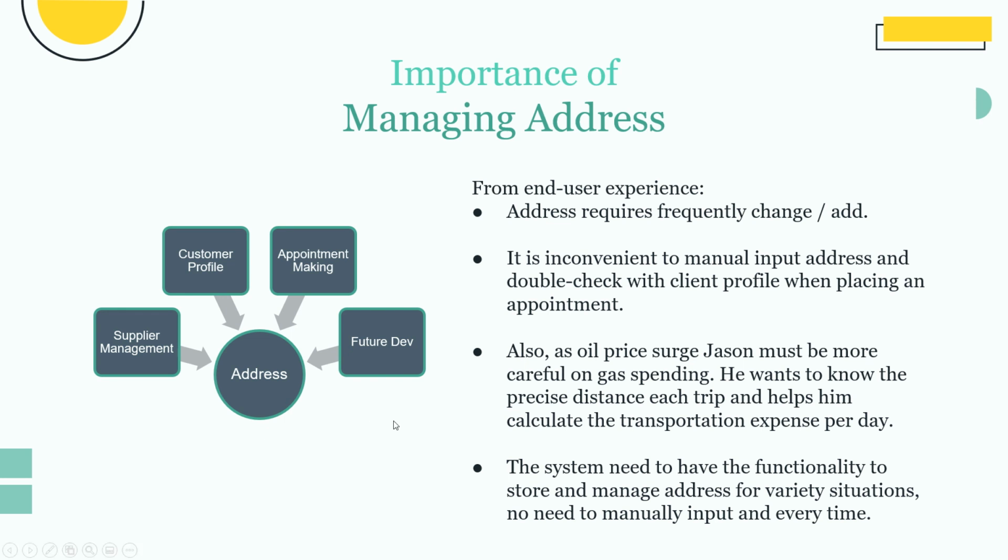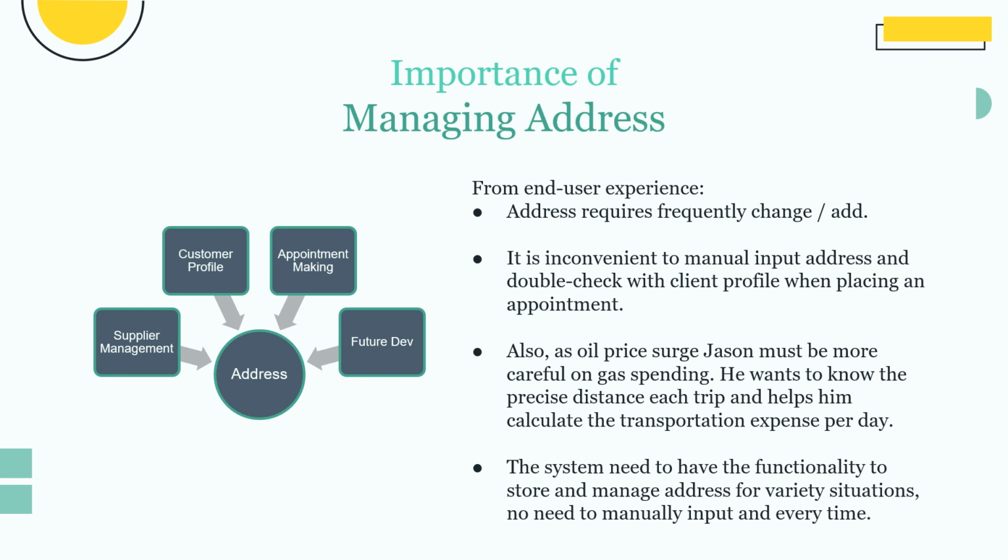Also, in future development, address management is very important, because since the oil price is surging, Jason must be very careful about gas spending. He wants to know the precise distance of each trip, and it helps him calculate the total distance and the transportation expense for each service day.